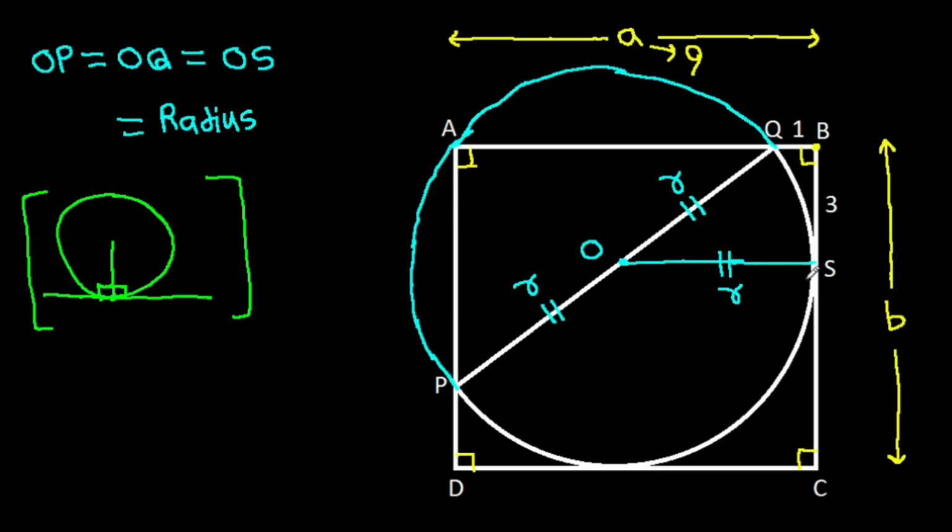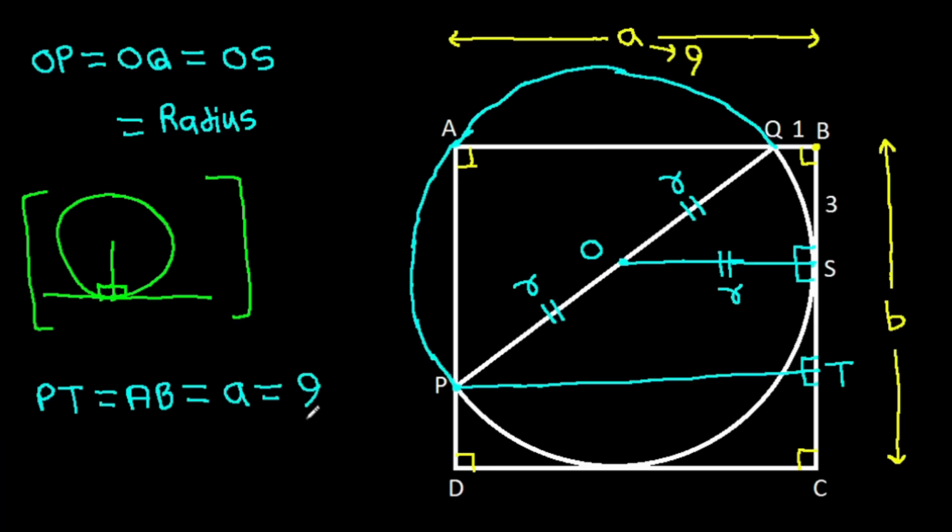So OS will be perpendicular on BC, and from point P, if we make a perpendicular on BC, suppose this point is T, then PT will be equal to AB, and AB is A, that is 9. So PT is 9.